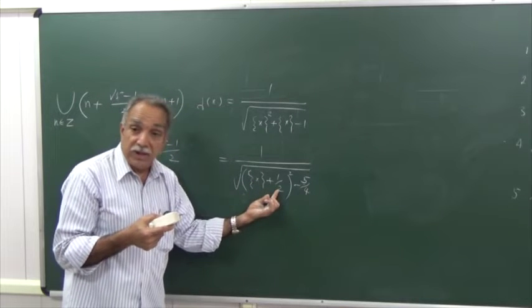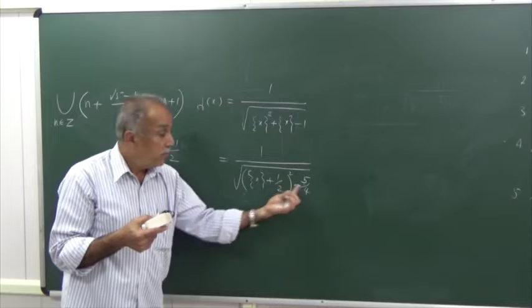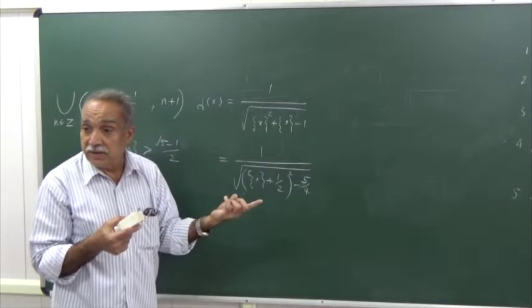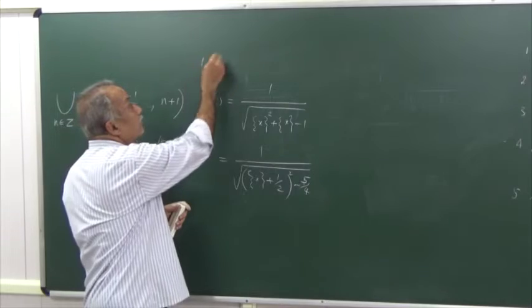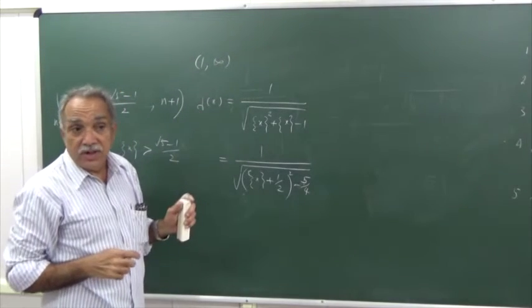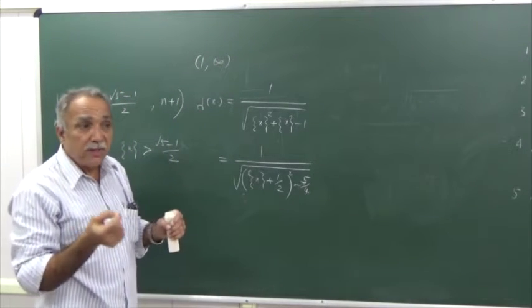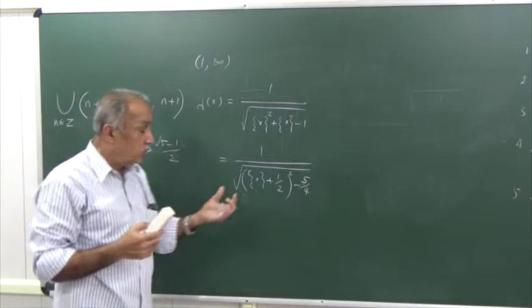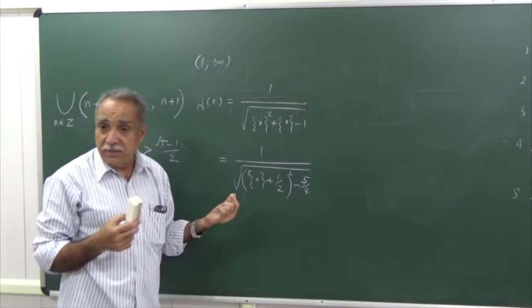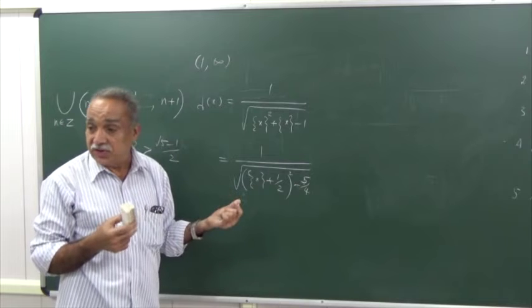1 plus half is 3 by 2. Square is 9 by 4. Minus 5 by 4 is 1. Square root is 1. Reciprocal is 1. Is the range. If you want to cross check, take a sample value. Say x is equal to 0.9. Or let me consider a fraction, better, easier to make calculations.